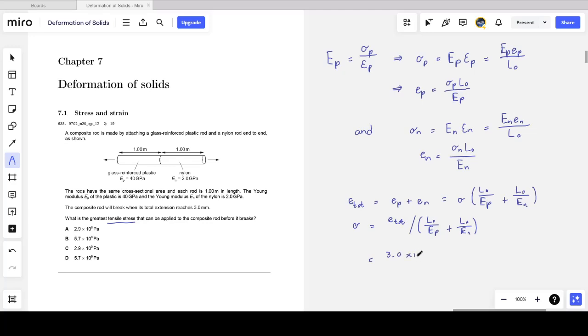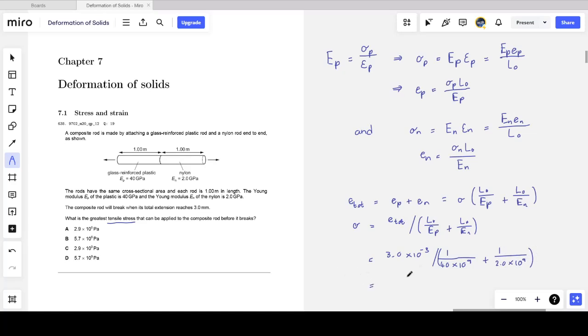That's 3 times 10 to the minus 3 meters divided by, now the original length for the plastic end is 1 meter, divided by the Young modulus for plastic, which is 40 gigapascals. That's 40 times 10 to the power 9, plus 1 meter for the nylon end of the rod, divided by its Young modulus, which is 2 times 10 to the power 9, 2 gigapascals.